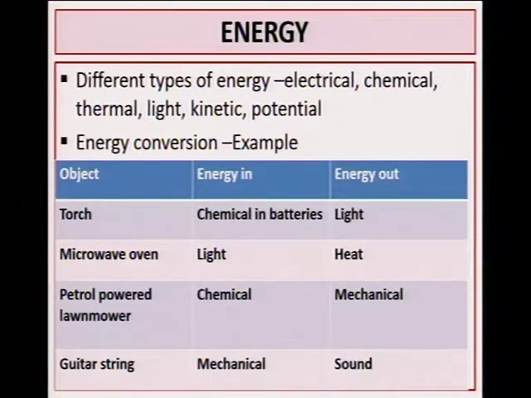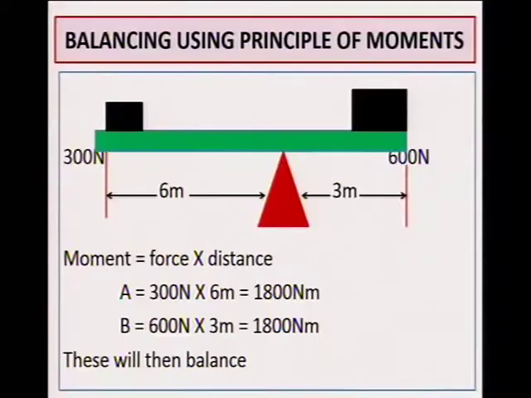For example, in a microwave, the electrical energy is changed to heat energy. If we look at a petrol-powered lawnmower, it has got chemical energy, and when it is working, it changes to mechanical energy. So you should be able to know those types of energies.